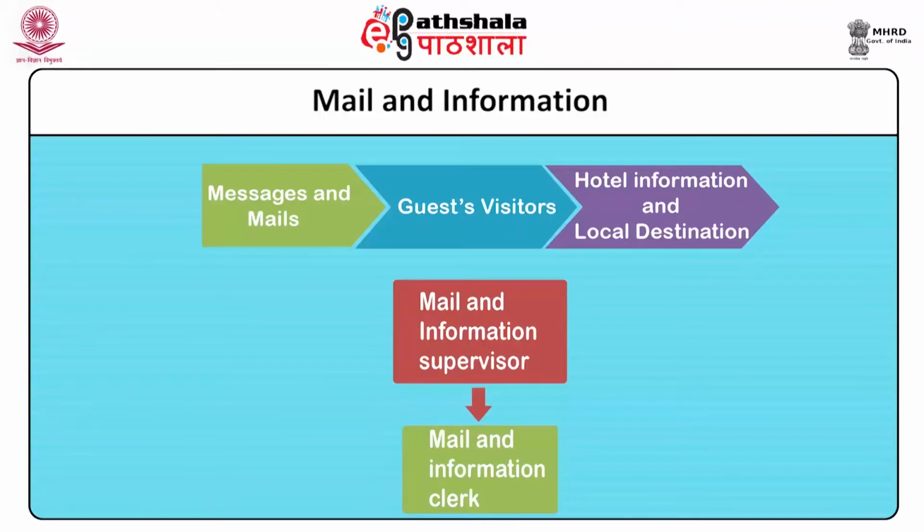They are also responsible for dealing with guests and visitors, and provide information on the hotel and local attractions. They also carry a supply of local postage stamps and stationery whenever requested by the guest. The mail and information desk provides some of the special information requests made by business clients.